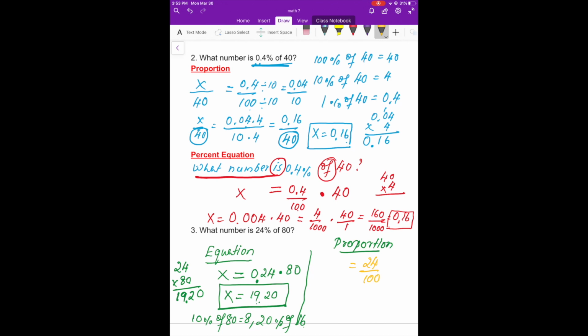That is one ratio. And another ratio, we don't know the part, or we don't know what number it is, so 80 is the total. On the right side, 100 is the total, 24 of them. So on the left side, 80 is the total and we don't know the part. So x over 80 is equal to 24 over 100. So you can simplify that. You can just divide by 10. So I get a 10 in the denominator. So that's 2 and 4/10 over 10.